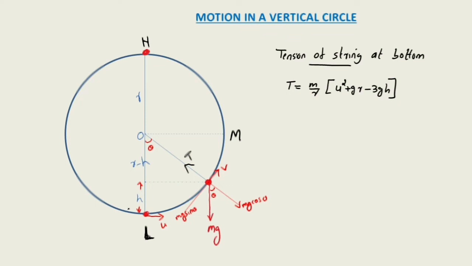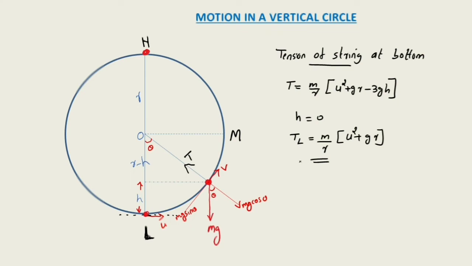We have taken the lowest point as the reference point, so h is equal to 0. Tension at the lowest point, TL, is equal to m divided by r into u square plus gr. This is the equation for the tension in the string at the lowermost point.